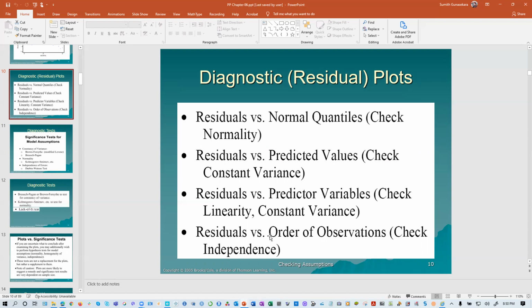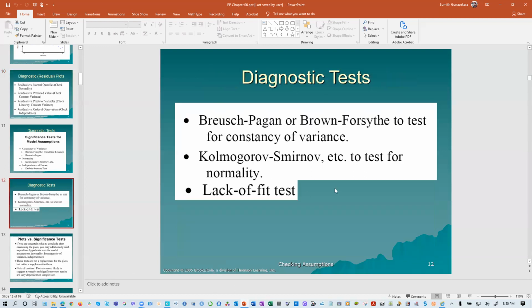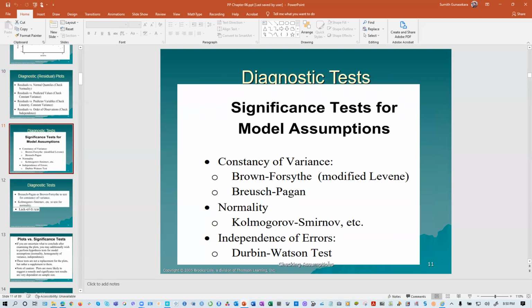Similarly, to check whether the residual satisfies the given assumptions, you can check graphically, or mathematically using these tests.